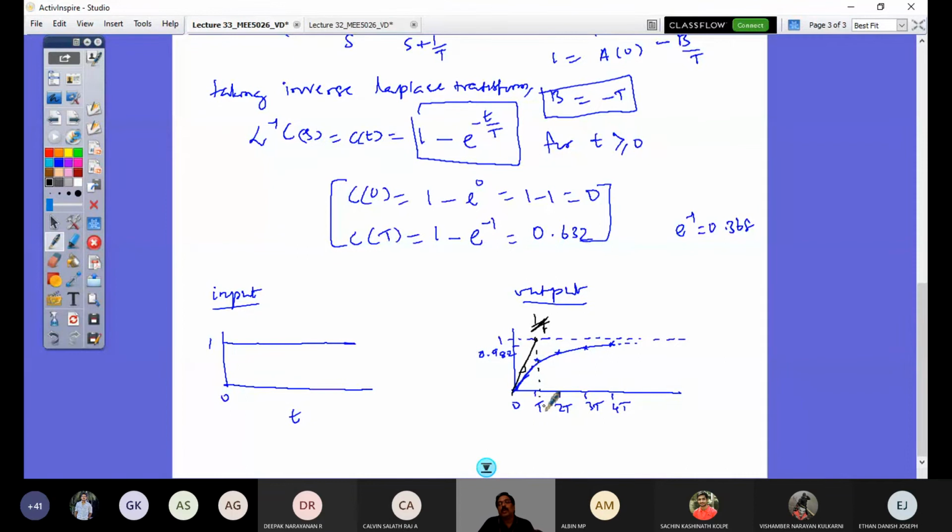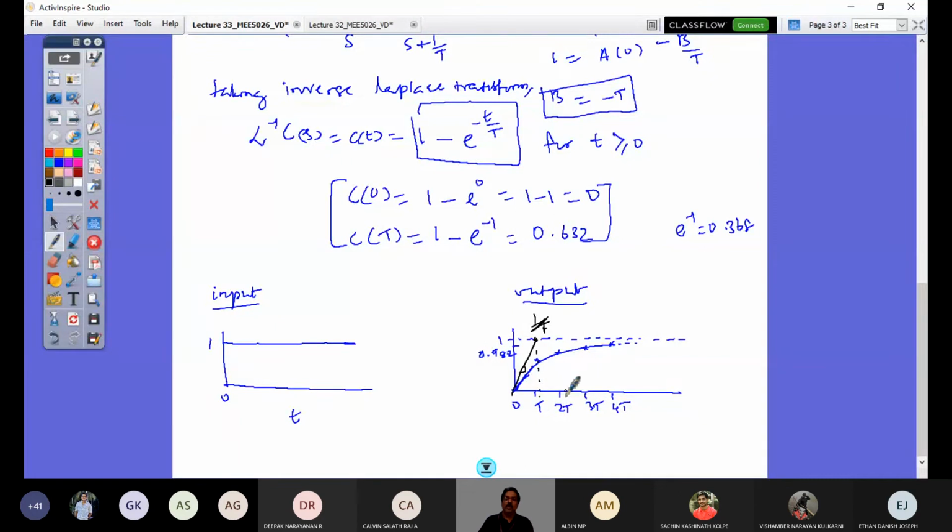But what is happening? This slope is not fixed, it is changing. That's what is called the speed. The dynamic response speed is not 1 by T. Instead, it decreases. Since it decreases, it takes some time, and then it reaches its steady state.